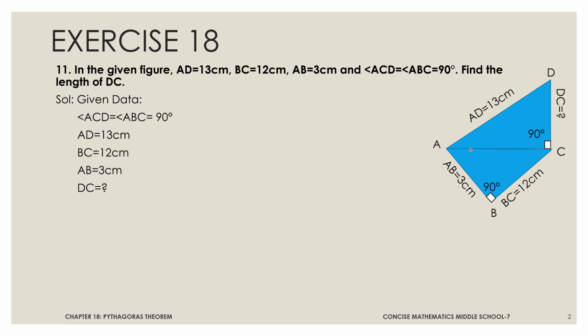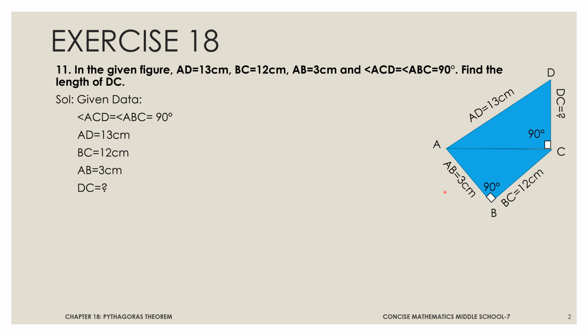If you know the value of one side and the hypotenuse, then you can easily find it out for this right angle triangle. But here this AC value is missing, so what we have to do is, first we need to find out AC, right? We need to find out the value of AC.